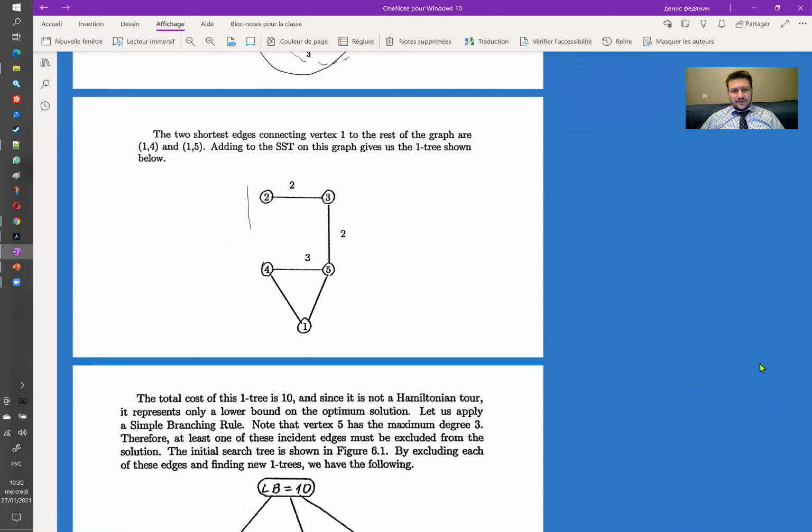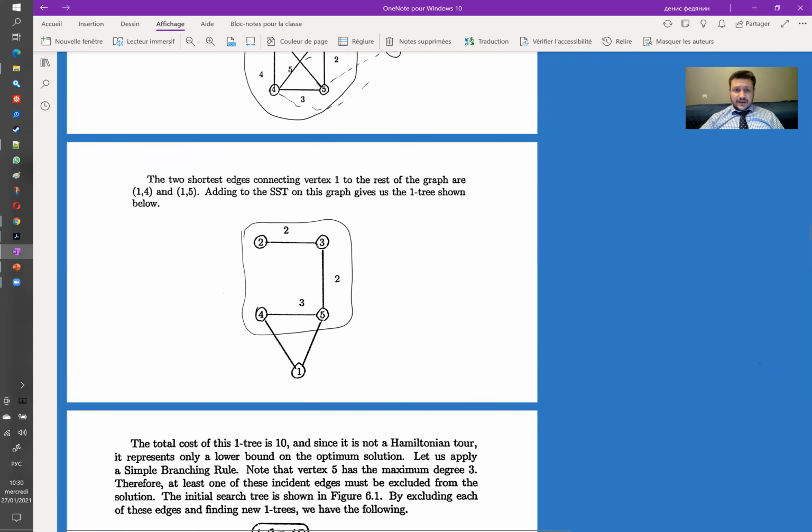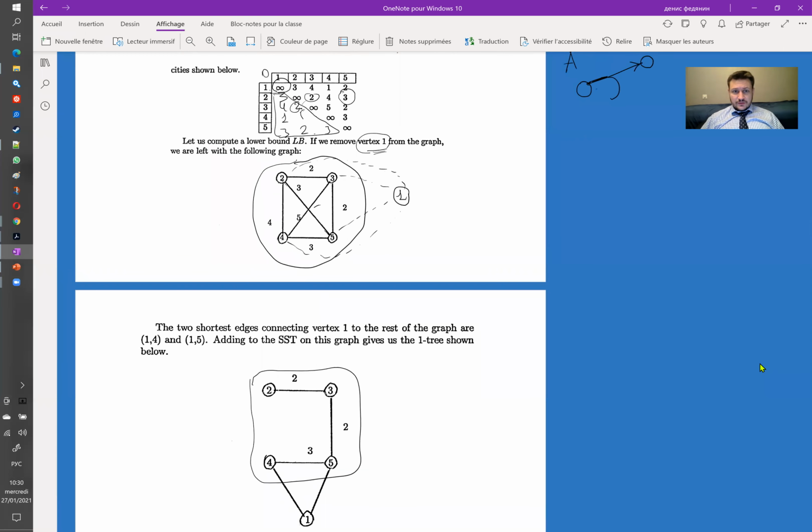Okay, when we have this graph, we can create a spanning tree. We can use Prim's algorithm or Kruskal's algorithm. Let's start with Kruskal's algorithm. We should find an edge with the shortest length. Is it this one or this one? Okay, we can take this one.